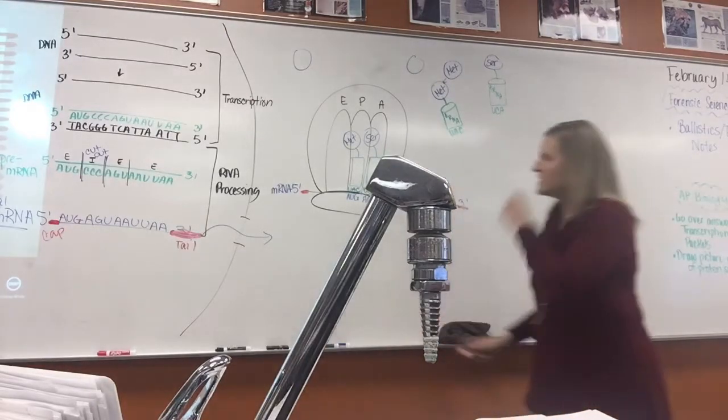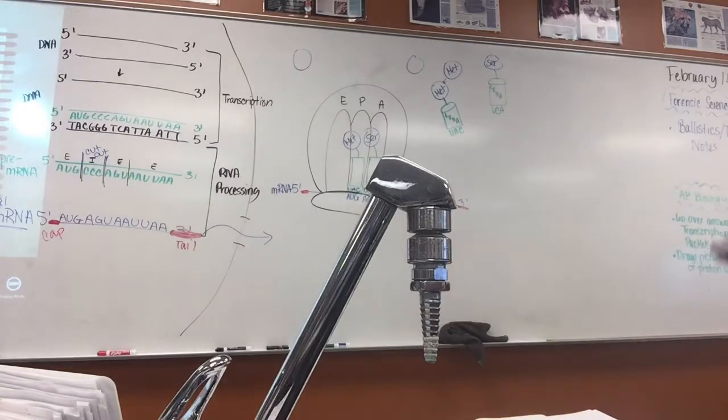Now, on this, what happens next? Before it shifts, what has to happen to the met and the ser? We're trying to make a polypeptide chain, so the amino acids should be hooked together, right? So how do we hook them together?